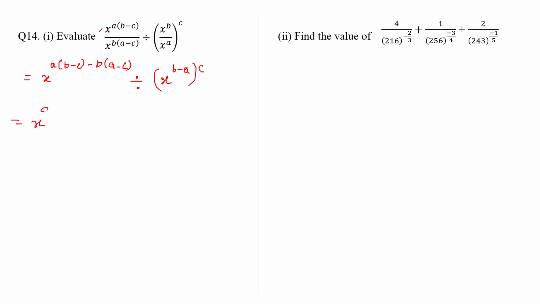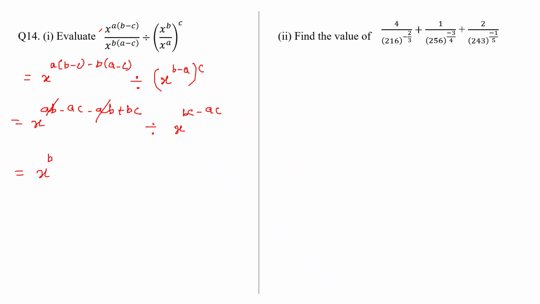Again here I will get, let's multiply ab minus ac minus ab plus bc divided by x to the power, now this c will get multiplied with b minus a, so bc minus ac. Here ab and minus ab is getting cancelled out.